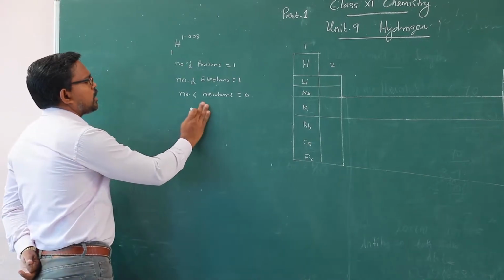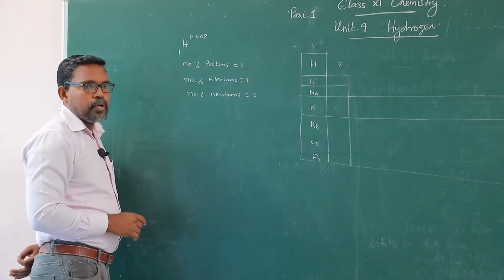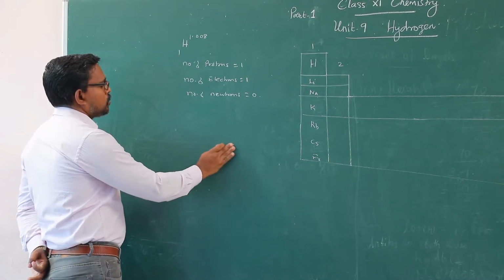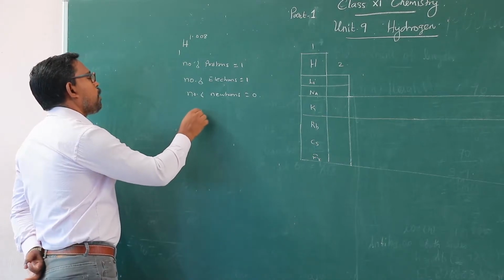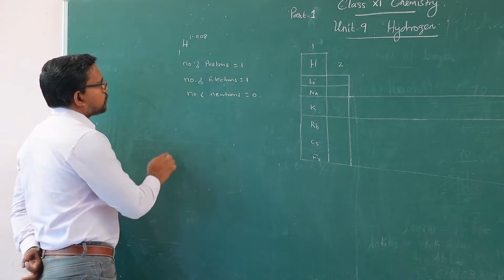Hydrogen plays an important role in chemical processes as well as manufacturing processes. So, hydrogen and its importance are discussed in this chapter.